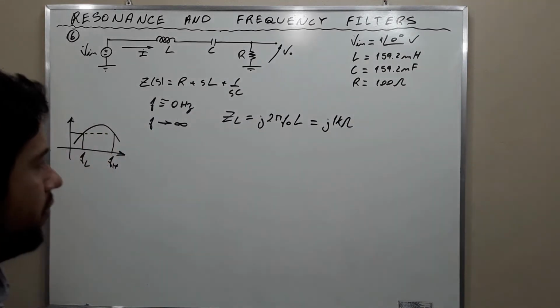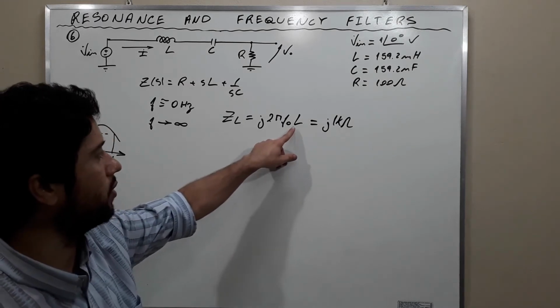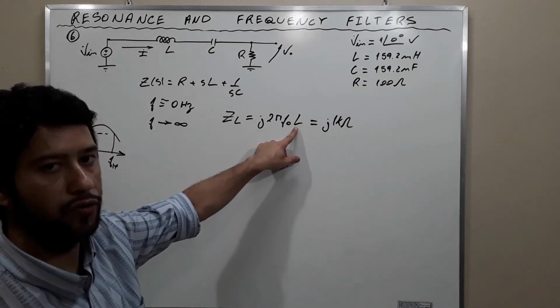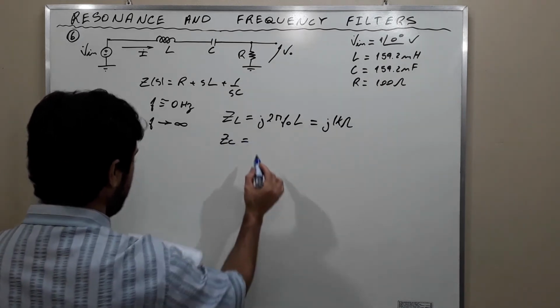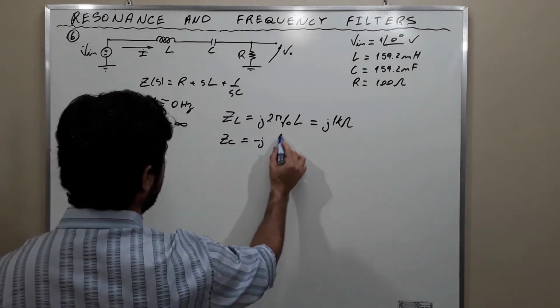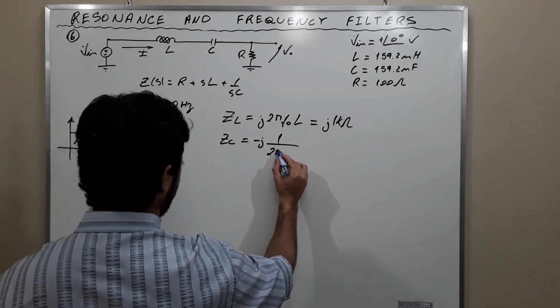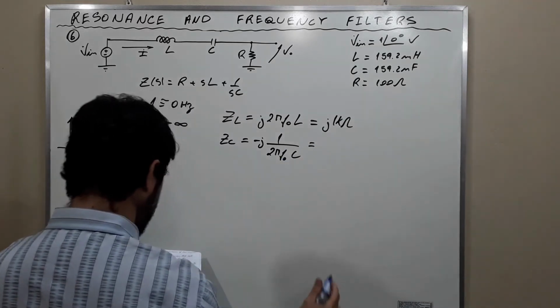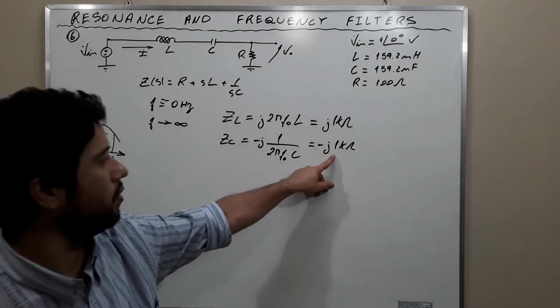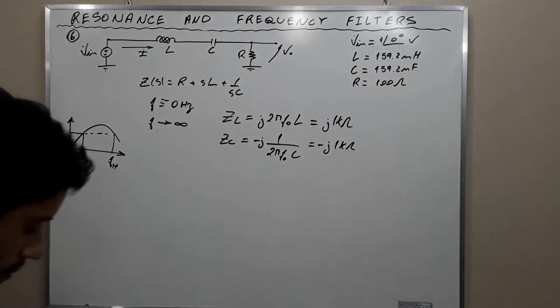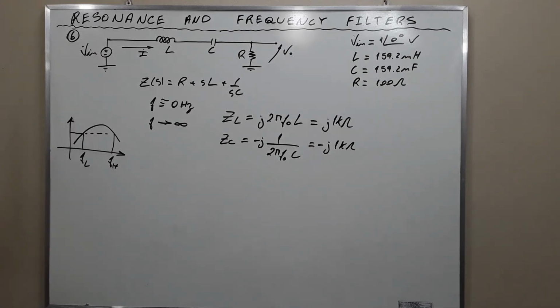Okay, you just use the values. We already calculated this, and the exercise gave the value of the inductance. And the capacitive impedance is negative j1 over 2 pi F0 C, and this is equal to negative j1 kilo ohms. All right, you see that when put together they cancel each other out. As expected, the reactances are equal in magnitude at the resonant frequency, but of opposite signs.